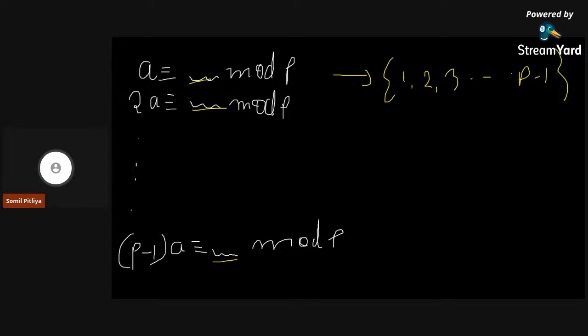So all these somethings will be from this set only. And when I multiply all these congruences, as the modulo P is the same on both sides.